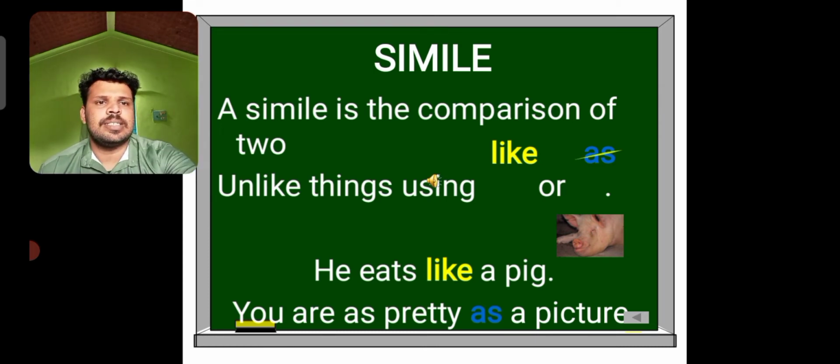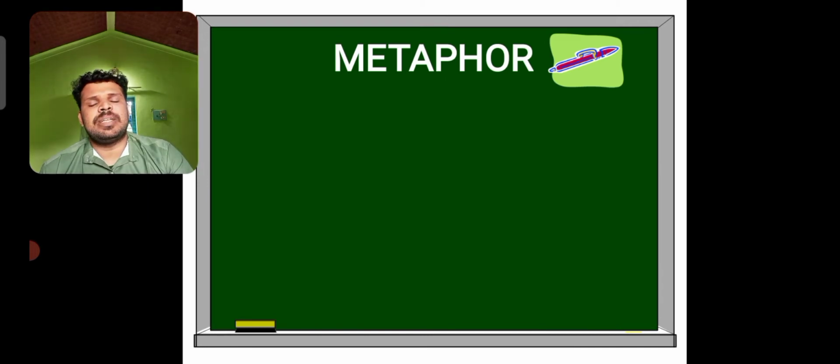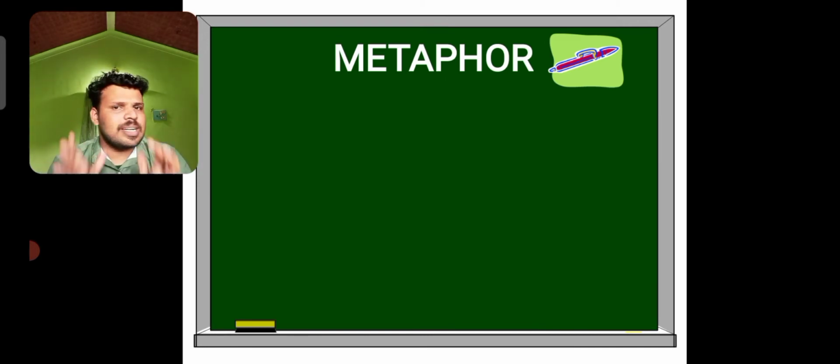Okay, next one is metaphor. So what is the difference between simile and metaphor? Simile is a comparison of two things using the word like or as. Metaphor is also the same, a comparison of two unlike things.